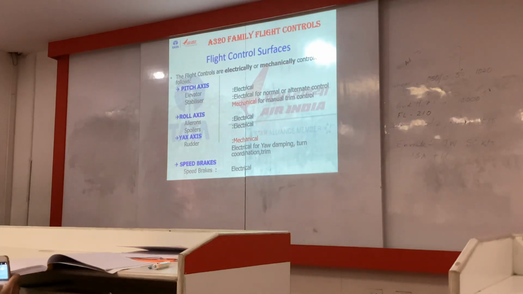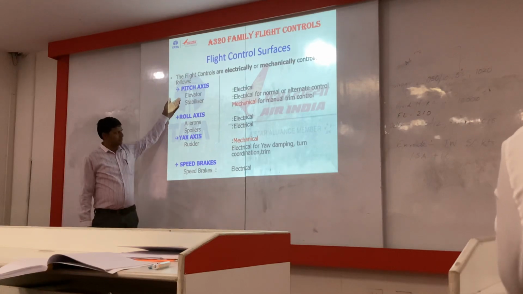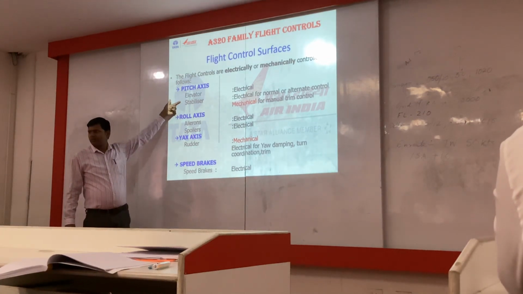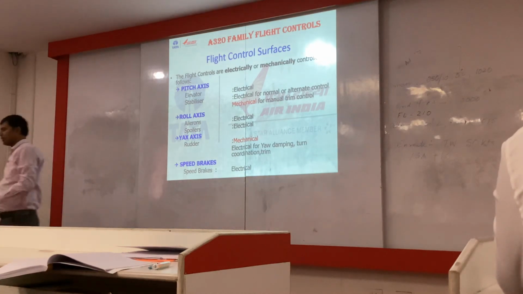Then the flight controls are basically electrically or mechanically controlled. Most of them are electrically controlled, but as per the requirement, some are mechanically controlled. So the pitch axis is basically elevator and stabilizer. Elevator is purely electrical, whereas stabilizer is electrical for normal, right?